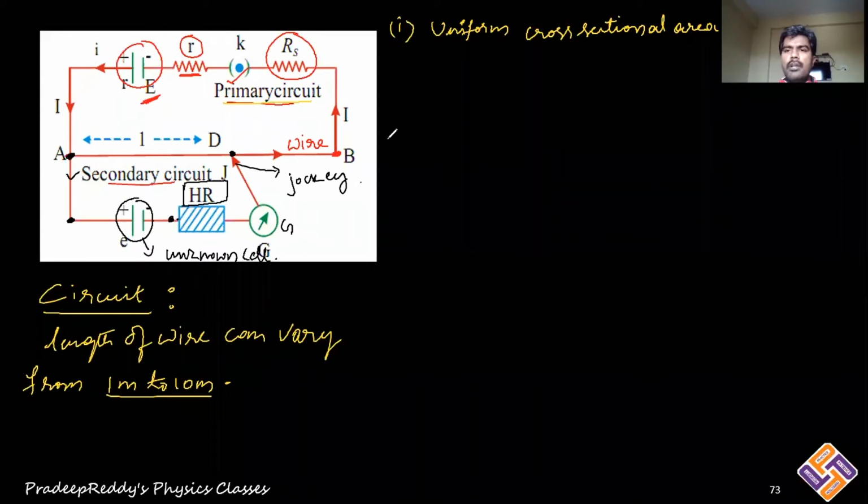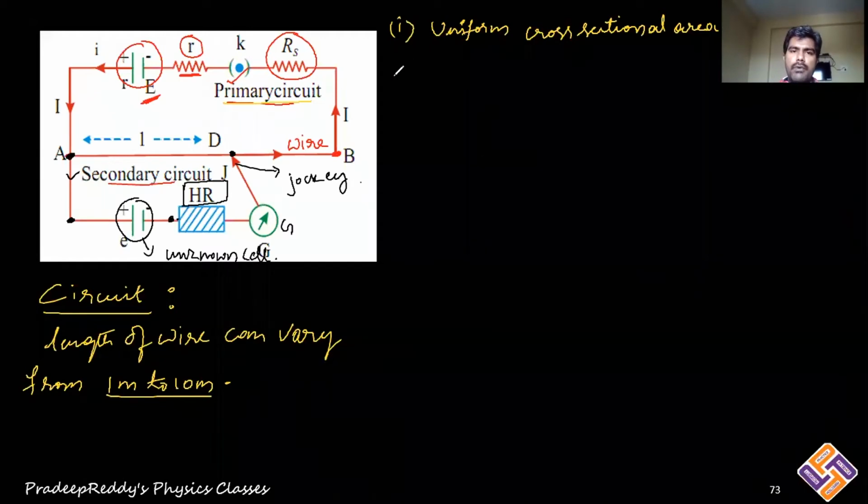If the wire is non-uniform, resistance dropped across the wire will not be uniform. Resistance of the wire, if it is not uniform, potential dropped across different parts of the wire will be different. Therefore, you cannot exactly calculate EMF of the unknown cell. Therefore, cross-sectional area of the wire which you are taking in between AB should be uniform.